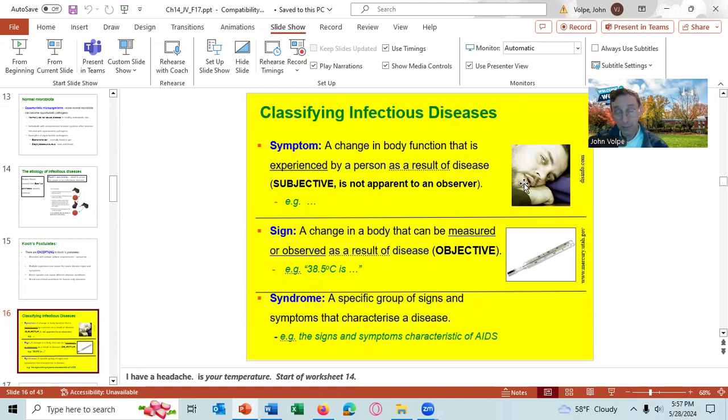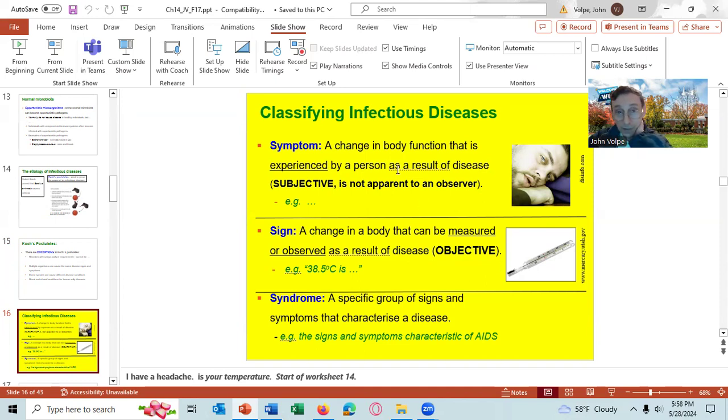Like if a patient has a headache, there's no way for anyone to confirm that, because you can't measure it. And that's a symptom. A sign is a change in the body that can be measured or observed as a result of disease. So a sign is objective. Like if a patient has a temperature of 102, anybody can verify that. You just put a thermometer in them and you get the temperature.